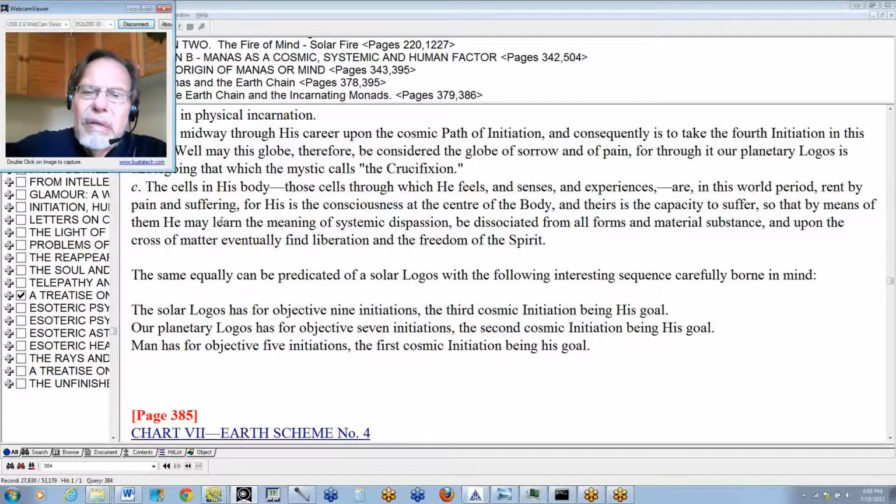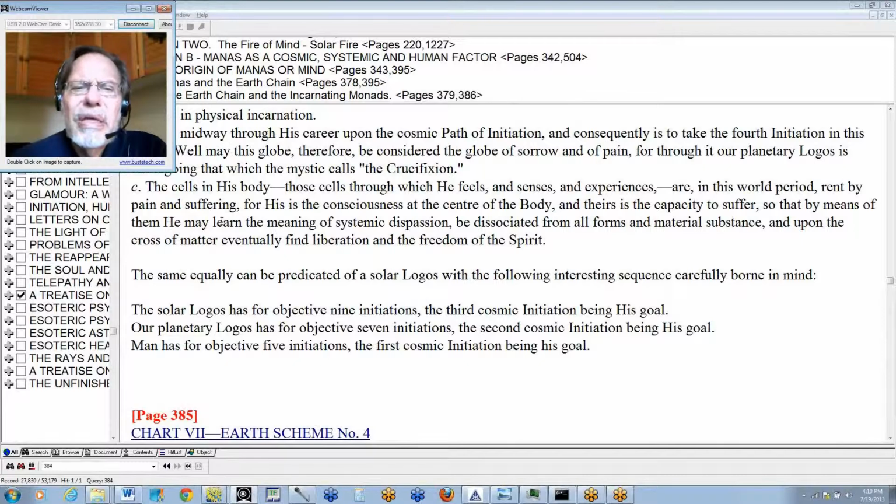his goal. And what I've come to believe is that the types of cosmic initiations mentioned here are not the same. There's a series of cosmic initiations for each one of these beings. If a man is separated from a planetary logos by many Mahamanvantaras or many kalpas, Mahakalpas, then he is nowhere near ready to take the second cosmic initiation, let us say, that a planetary logos would take if he has taken the first cosmic initiation, which a man can take.